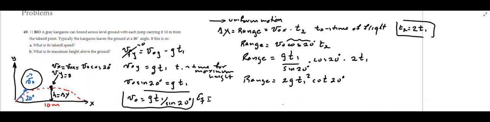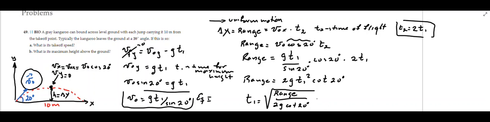So we know the range, as I said, we know the angle, we know the acceleration of gravity, we are ready to find t1. So we can say that t1 will be the square root of the range divided by, and then here in the denominator we have 2g cotangent of 20 degrees.